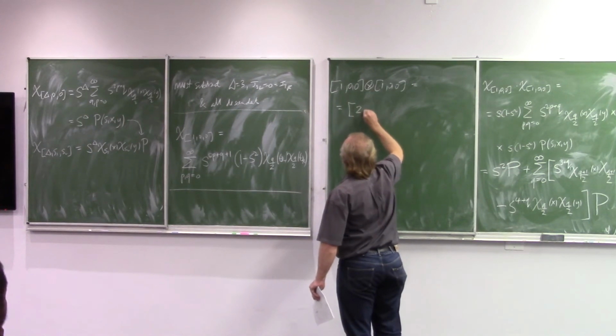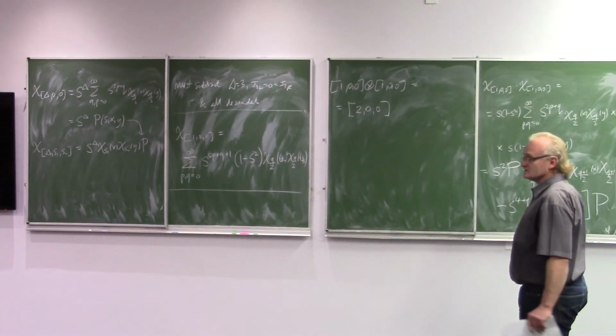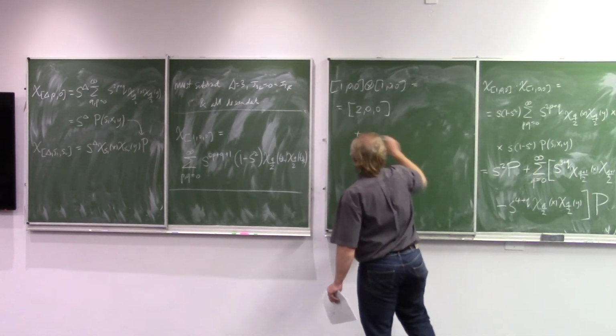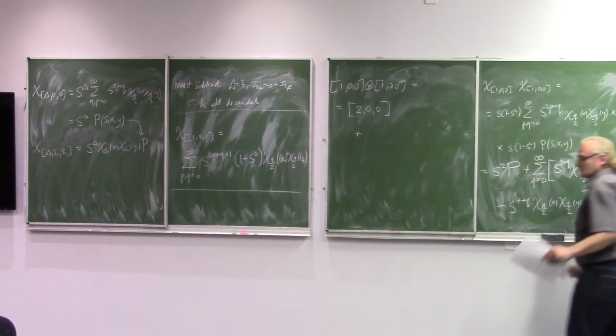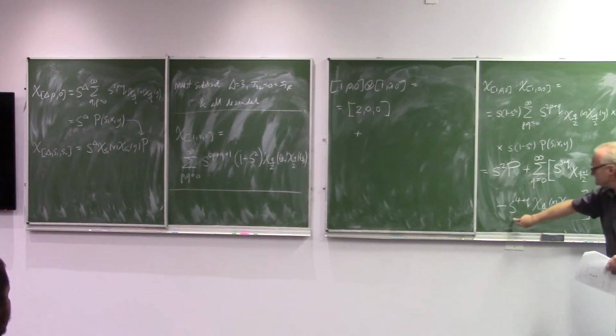So we've got the character dimension 2 with spin naught plus. Now we have a whole bunch of things. But look what's happened. We've got s to the 3 plus q. Then we've got chi q plus 1 over 2, q plus 1 over 2, minus, and this thing sitting over here.